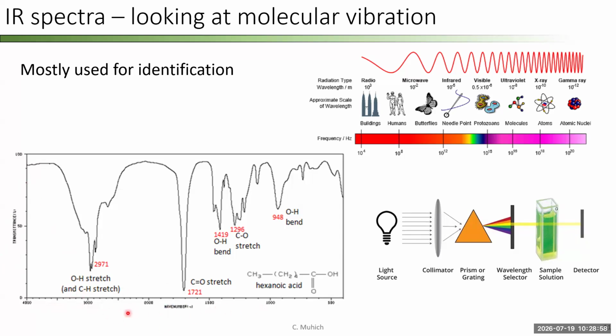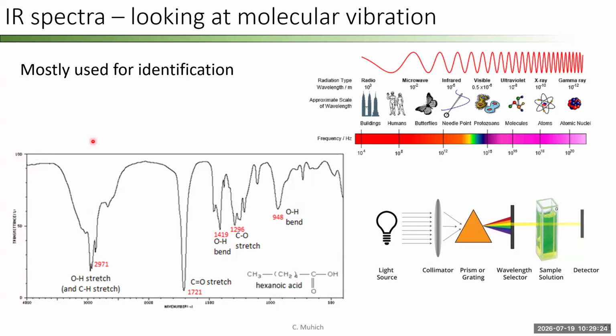Down at the bottom of this graph is the wave number. This has to do with the length of the light, or which light energy is coming through. And then we get these on the y-axis, either transmission or absorption, and these are just inverses of each other.